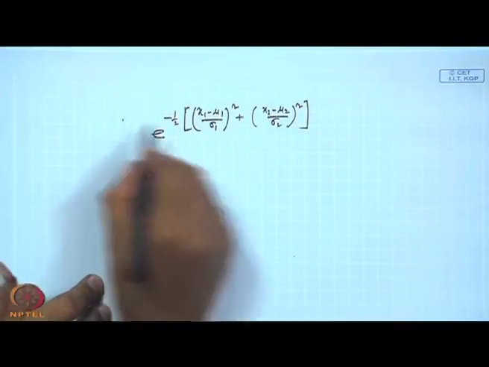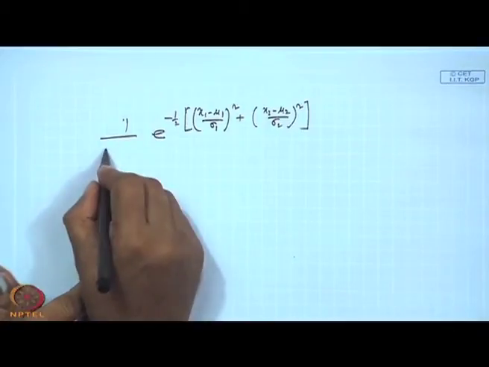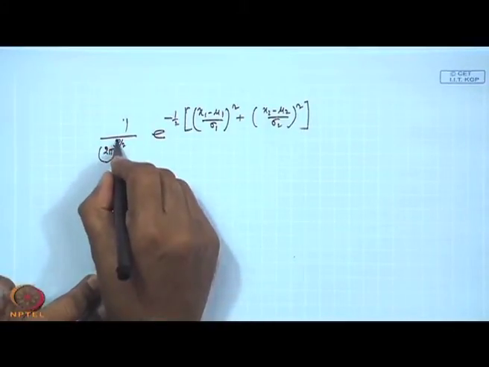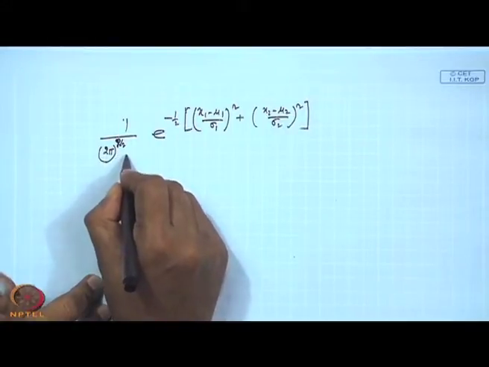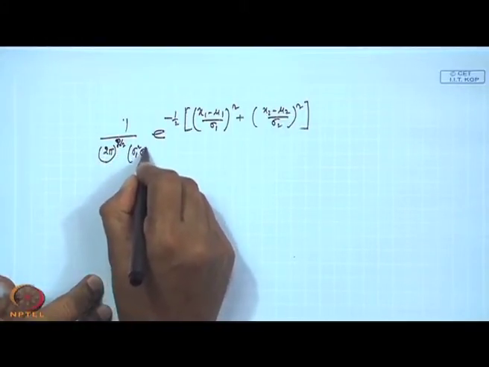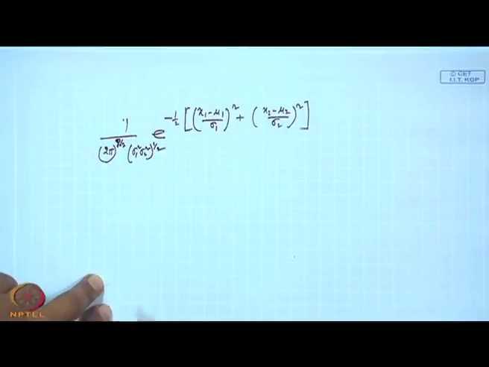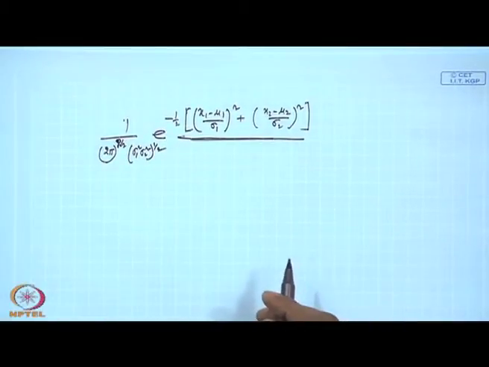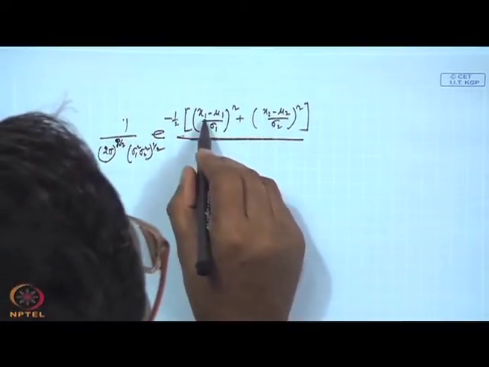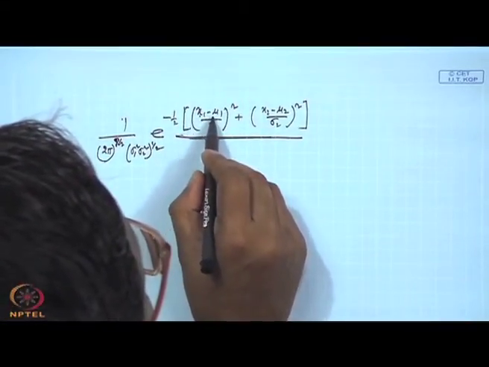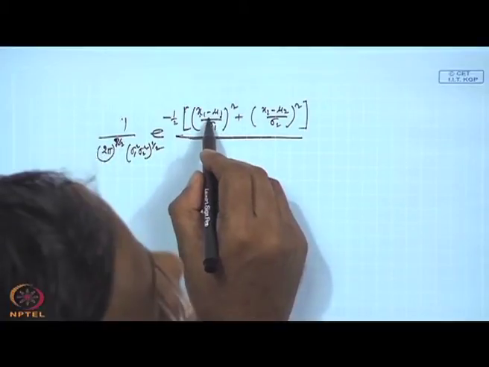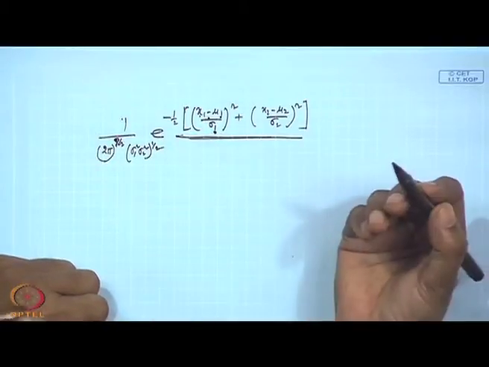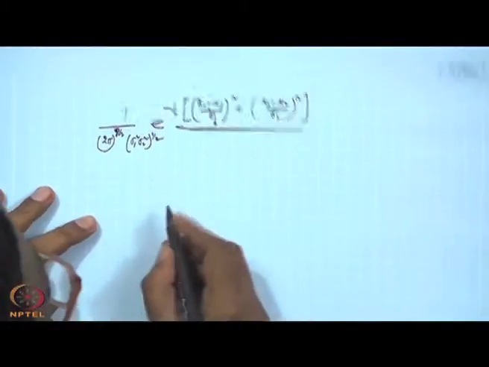So we say this is the exponent term. You see that x1 minus mu 1, that is the mean subtracted, divided by its standard deviation, that squared.